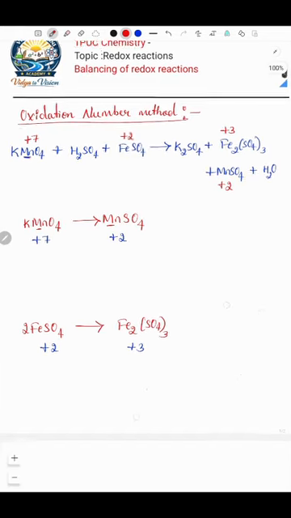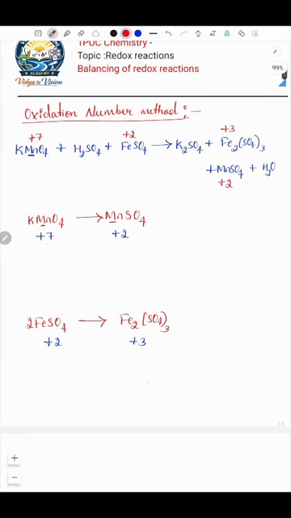In case of KMnO4, it changes from +7 to +2. Hence, we can say that it is gaining 5 electrons. Include that 5 electrons are gained during this reaction.